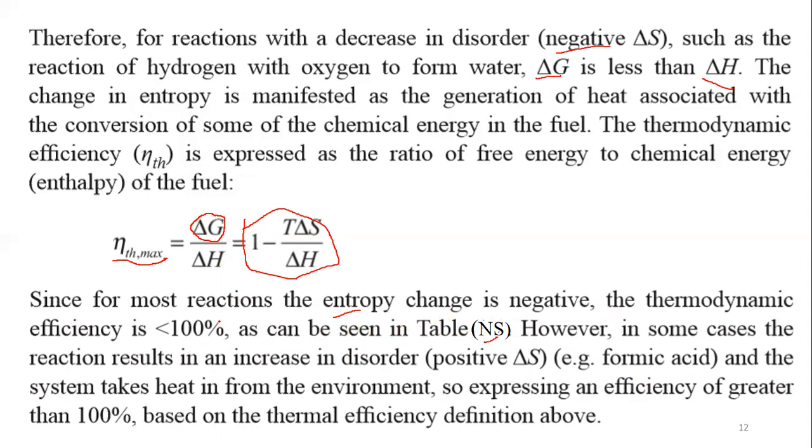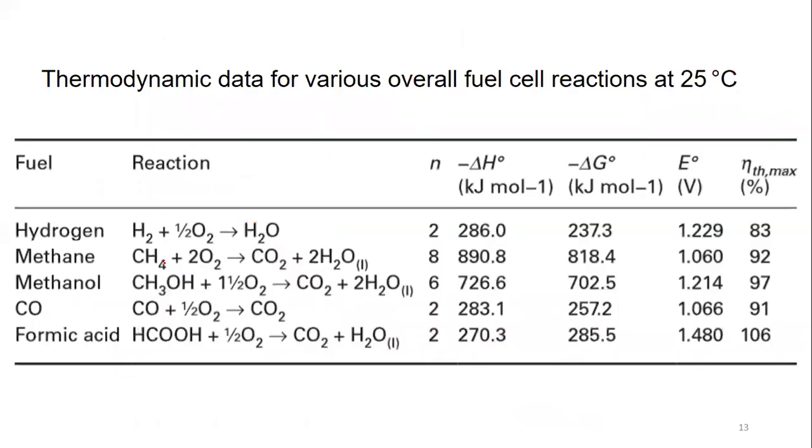However, in some cases, the reaction results in an increase in disorder, that is a positive delta S, for example formic acid. Then the system takes heat in from the environment, expressing an efficiency of greater than 100% based on the definition of thermal efficiency. That is just according to their definition.